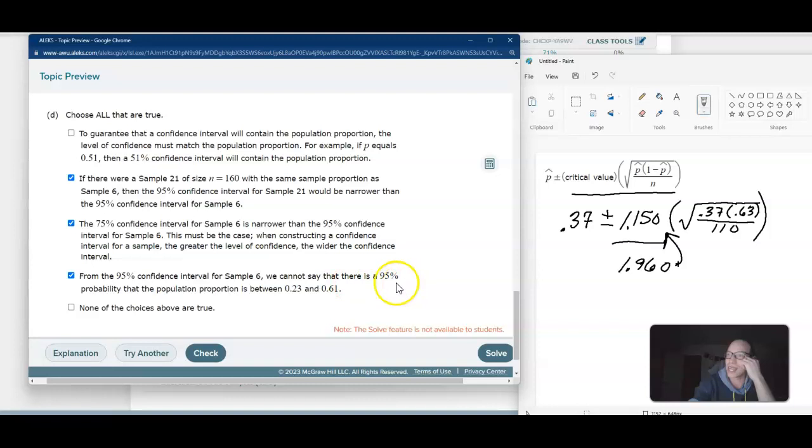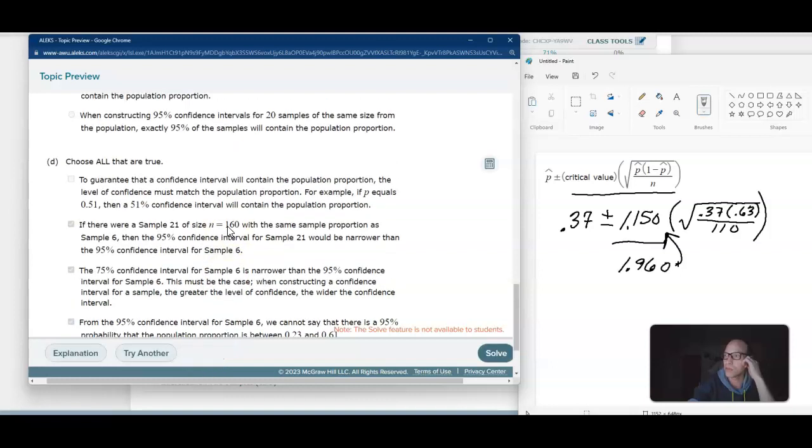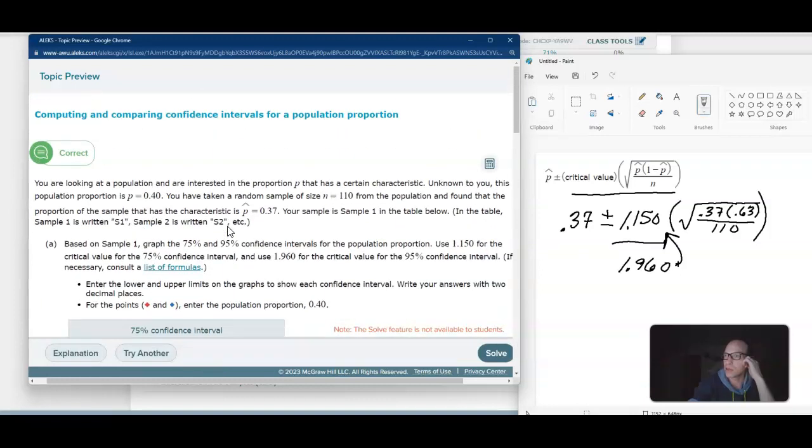So we can't say that there's a 95%. We could say that if we're going to create one, then 95% of the time we'd catch it. But we can't say that once it's already happened, it has this probability. All right, we'll go ahead and check those just to make sure. And looks like we were correct.